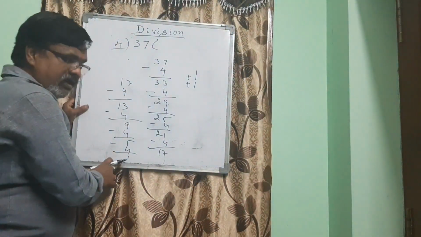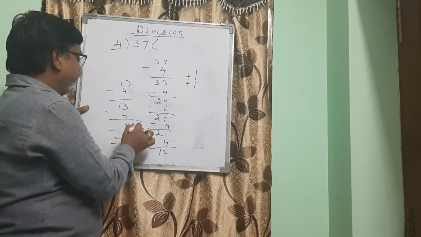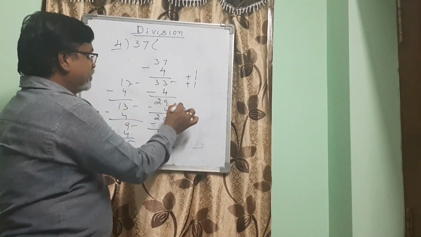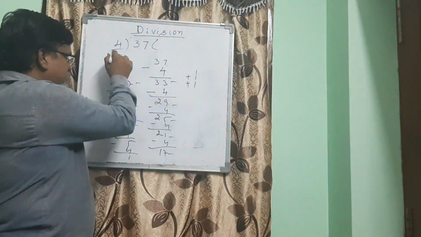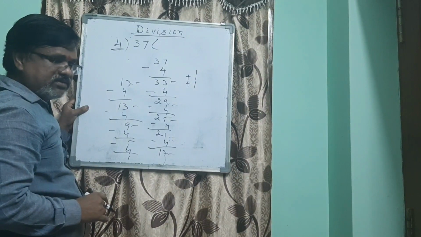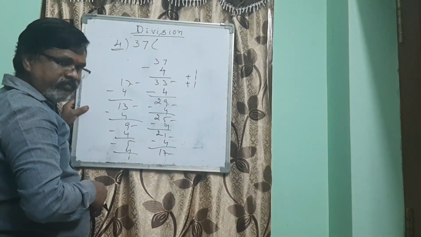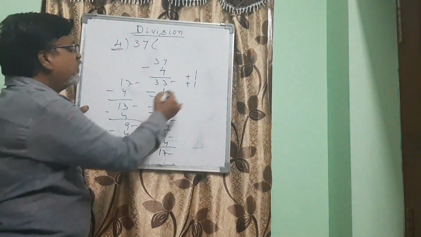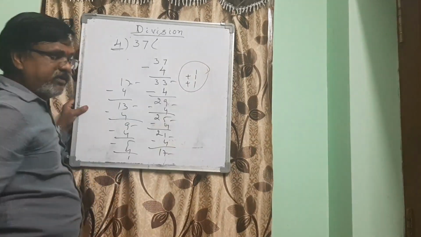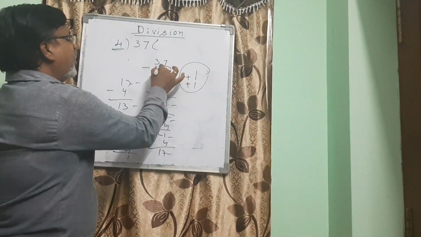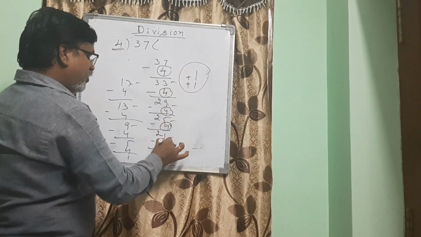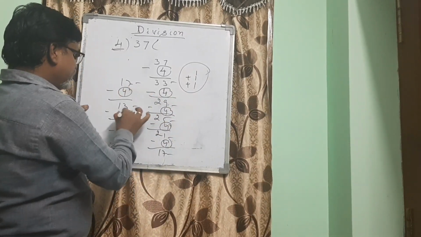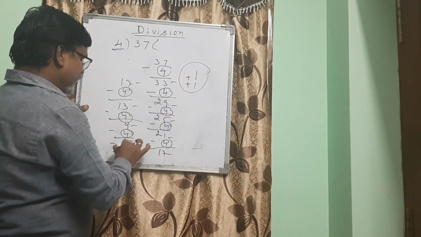That's why, as long as these partial remainders are greater than the divisor 4, we keep on repeating the subtraction and this counter value will be incremented by 1. So here 1, 2, 3, 4, 5, 6, 7, 8, 9.